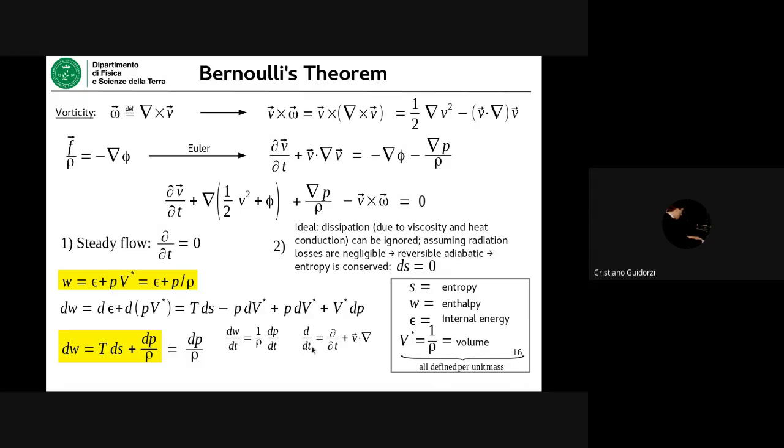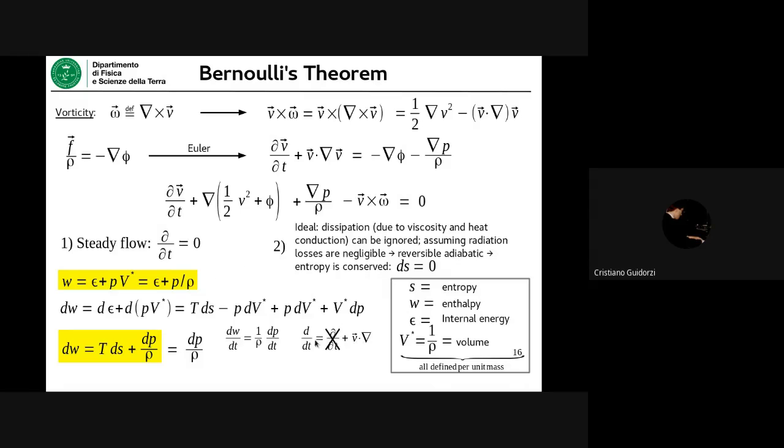But I remind you, the total derivative is the partial time derivative plus the scalar gradient. That's what we've seen. Where assumption number 1 tells us steady flow, so the partial time derivative is 0. So this guy is not here.